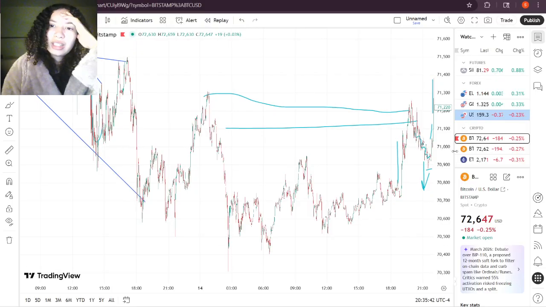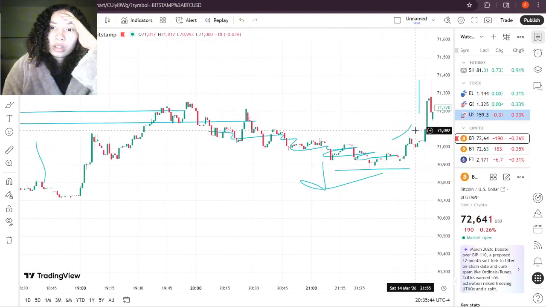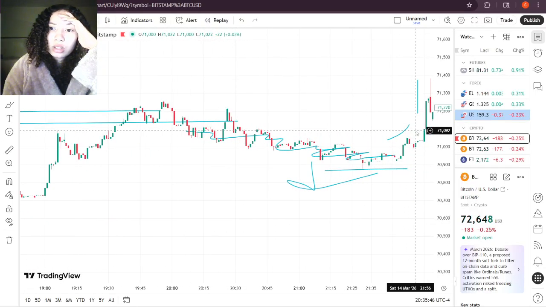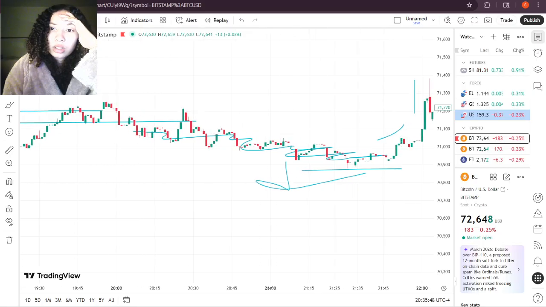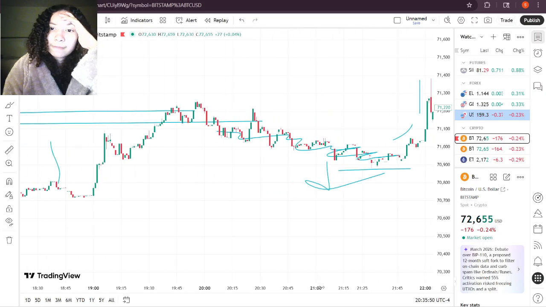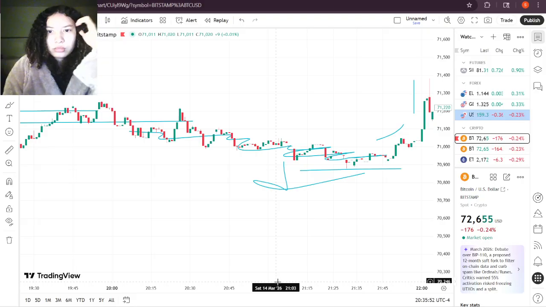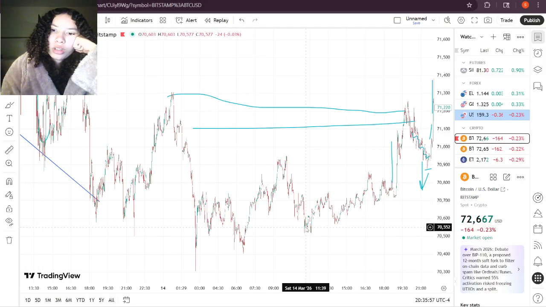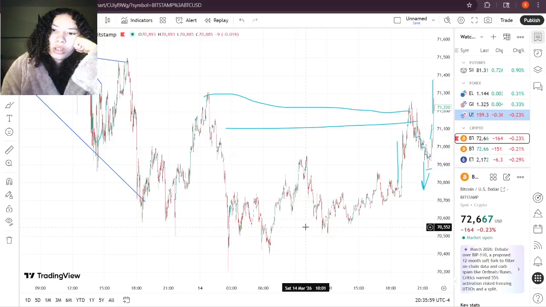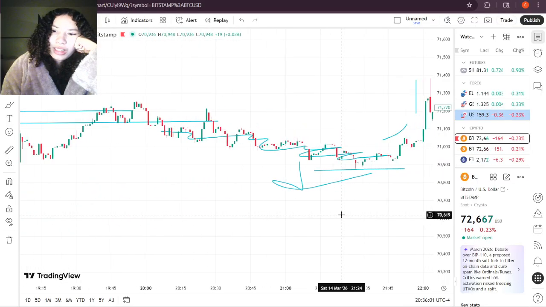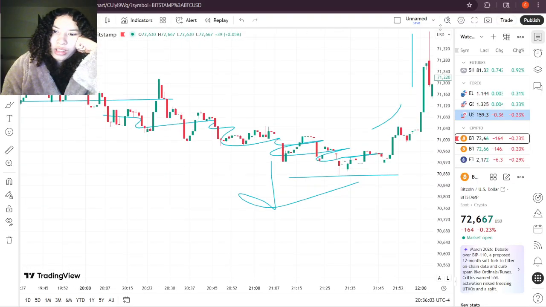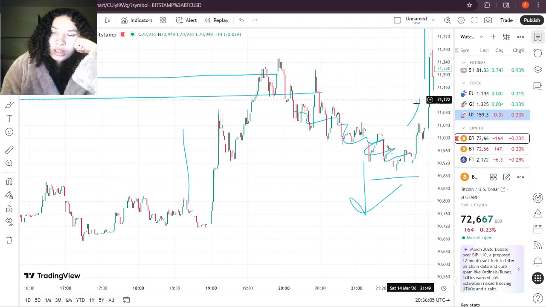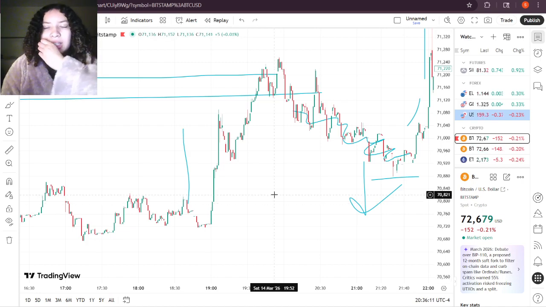Might be mountaining again. Hmm. I think it's gonna be a little bit of an up and down. So I would skip to 24 where I would expect an uptick.